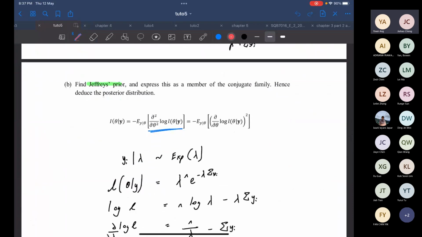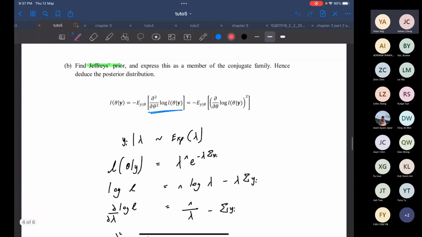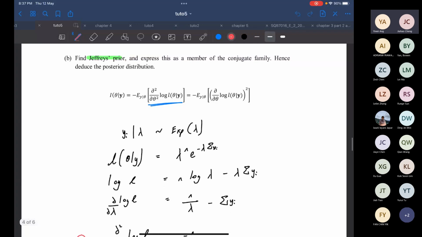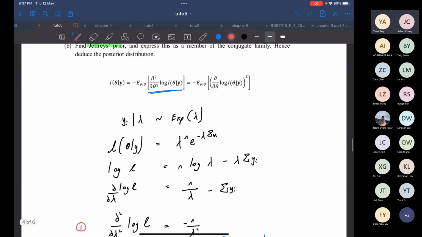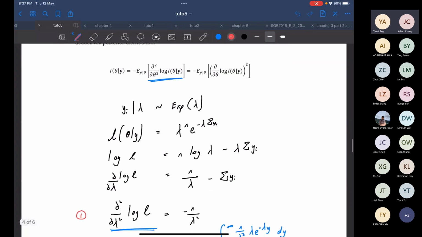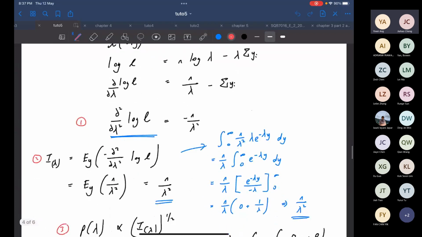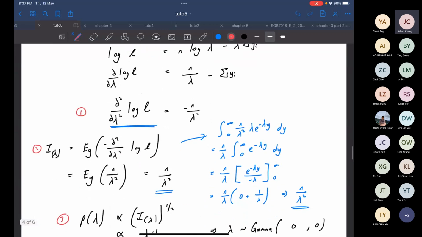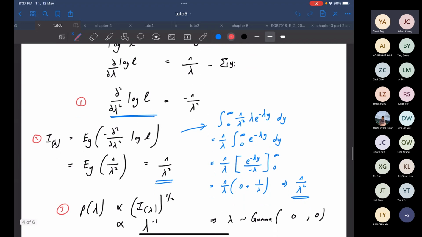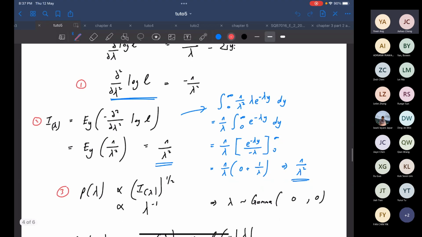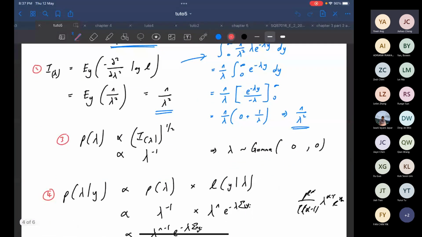That's the question A. So for B, we would like to find the Jeffreys prior and express it as a member of the conjugate family. So using the Fisher's information, we need to do double differentiation on top of the log likelihood. We should get a form of negative n over lambda squared. By taking the expected value, we get the Fisher's information of n over lambda squared. So the third step will be taking the square root of it.